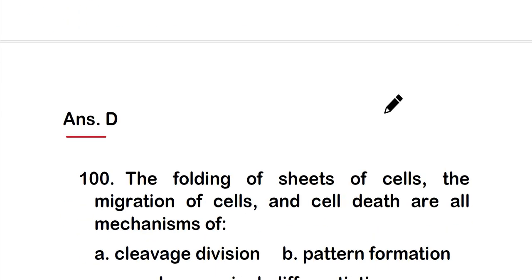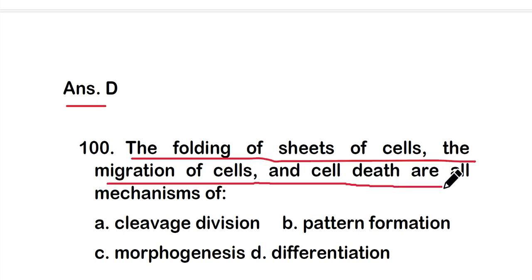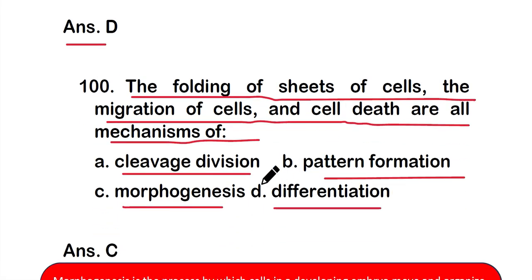Okay, so let's move on to the last question of this video, that is the folding of sheets of cells, the migration of cells and cell death are all mechanisms of option A, cleavage division, option B, pattern formation, option C, morphogenesis, or option D, differentiation. And the right one is option C, that is morphogenesis.